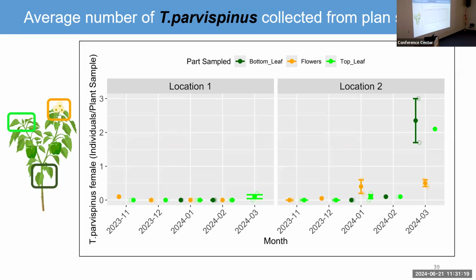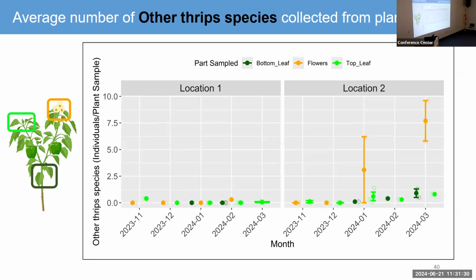So the main conclusion that we can have from this graph, in comparison also with this other graph that is showing the other thrips species. As you can see here again, we have higher numbers, but in this case, the thrips were on the flowers. So we're still trying to understand why they were in these parts, like in bottom leaf or top leaf.